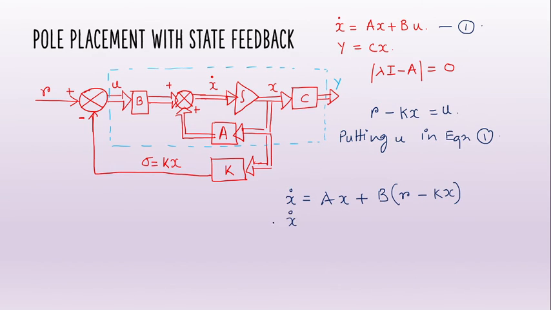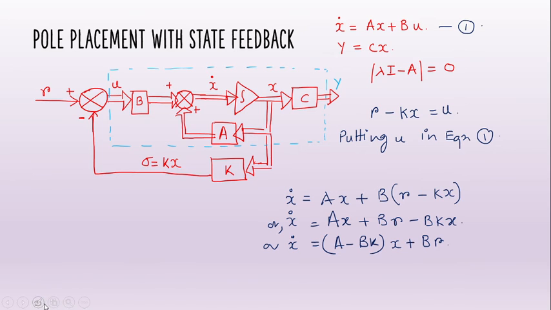So x dot equal to Ax plus BR minus BKx, or x dot equal to (A minus BK)x plus BR. Okay, so this is the new system equation.